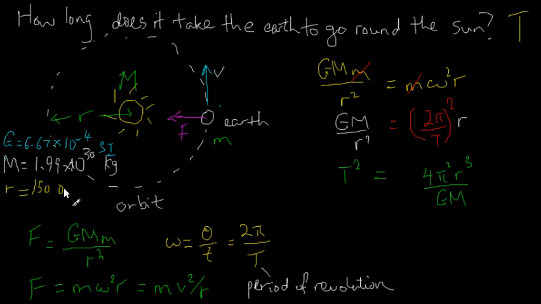So that's 1, 2, 3, 4, 5, 6 zeros. It's that far away. That's a very large distance away. Okay, now the important thing is that I have all the numbers here, and I can substitute them into this equation, and I can use my calculator and find the answer for this, and then take the square root to get T.